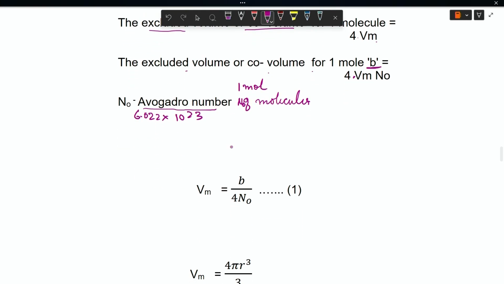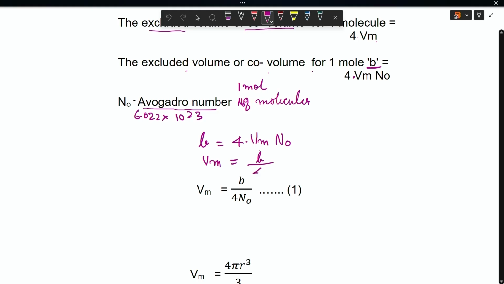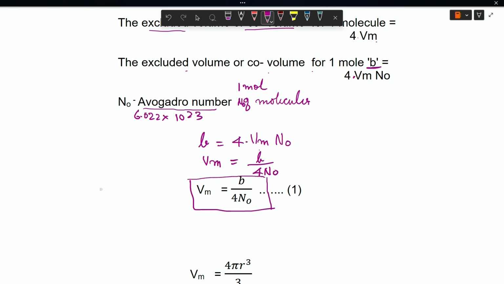Now we have got an expression: B is equal to 4 into Vm into N0. Taking this to the other side, Vm will be equal to B divided by 4 N0. Let this be equation number 1.